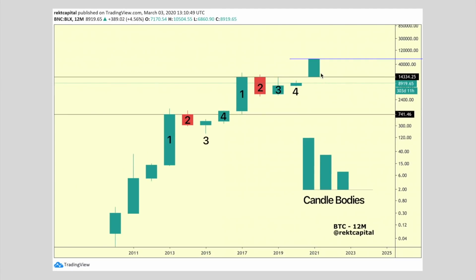And if we just place this candle, bearing in mind this sort of declining tendency, then we might get a target of around $55,000 for Bitcoin in 2021. And I am trying to be as conservative as possible when using these candle bodies. So I'm using the fact that these are candle bodies and not wicks, because we do see a lot of wicks over here and here as well.